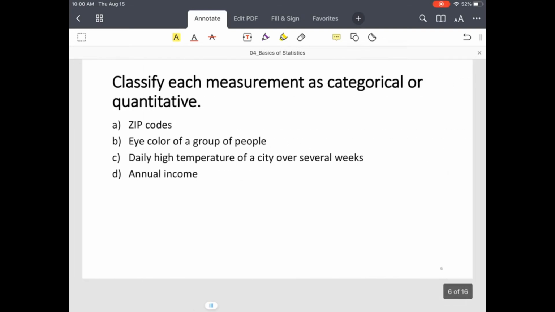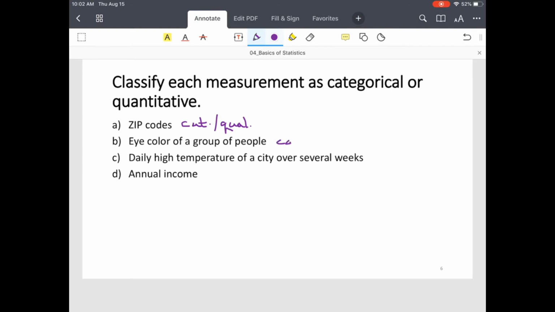All right, so a couple examples. Zip code. Now, zip code is a 5-digit number, but it has no meaning. There's no such thing as an average zip code. So a zip code is used to describe a geographical location. So this is categorical, or you can call it qualitative. Eye color, again, there's no average eye color, right?